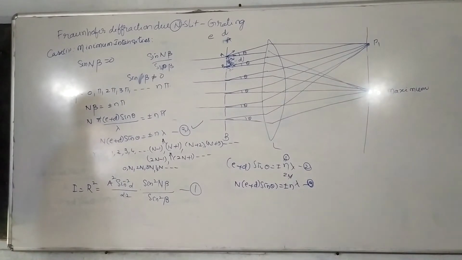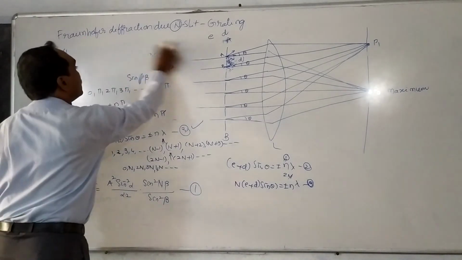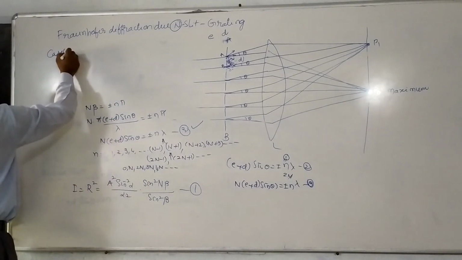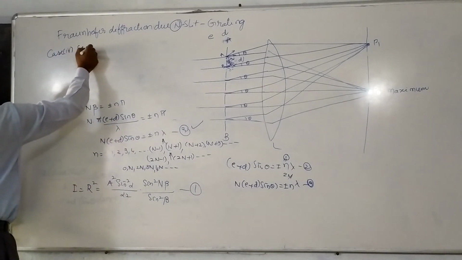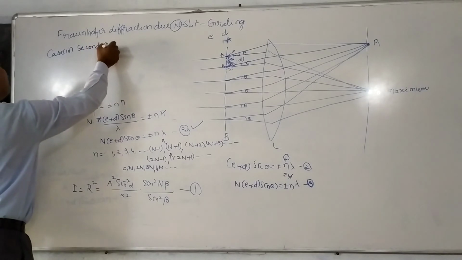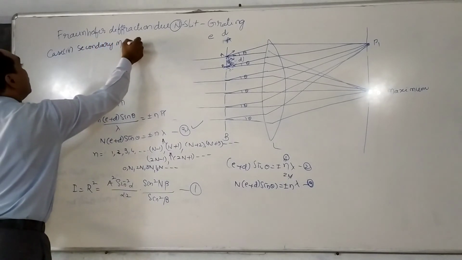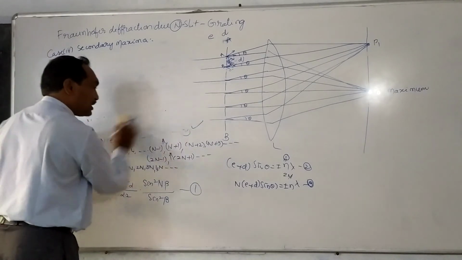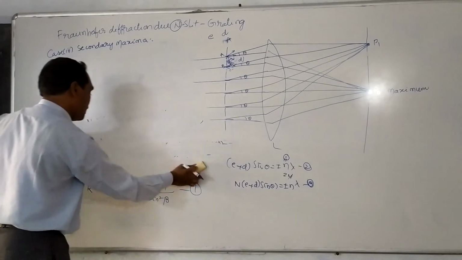And the third one is secondary maxima. What is this secondary maximum? This is also where intensity is maximum.